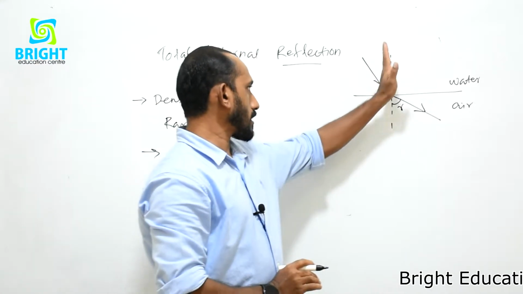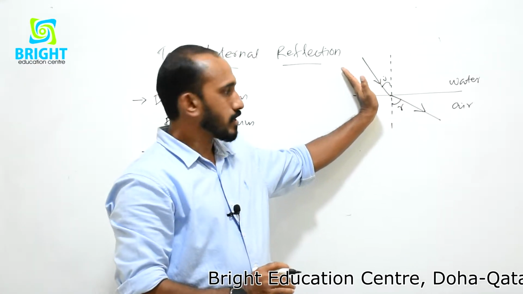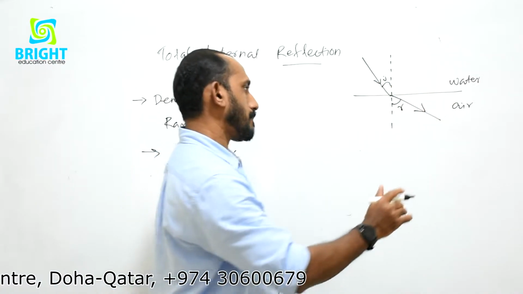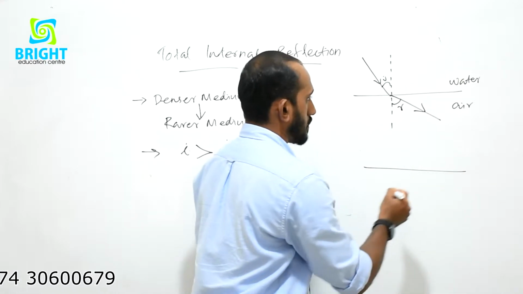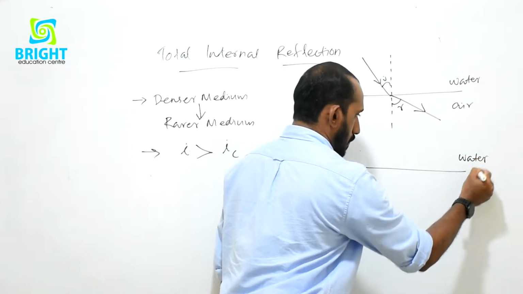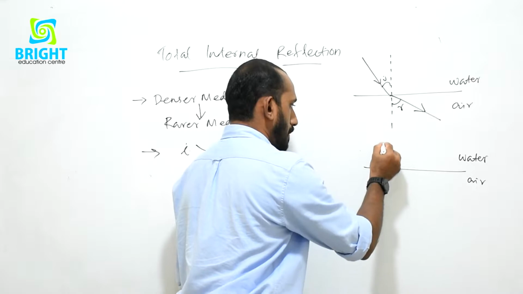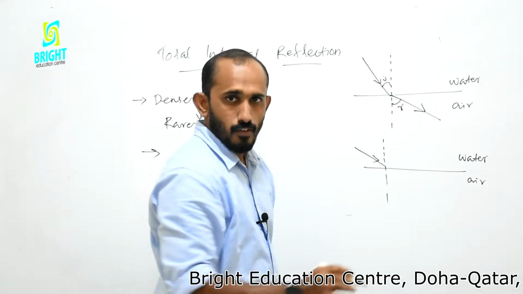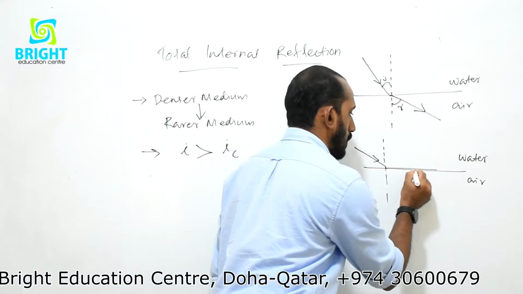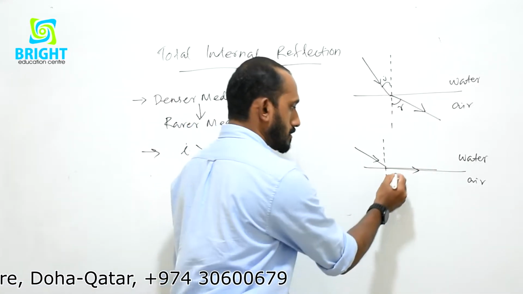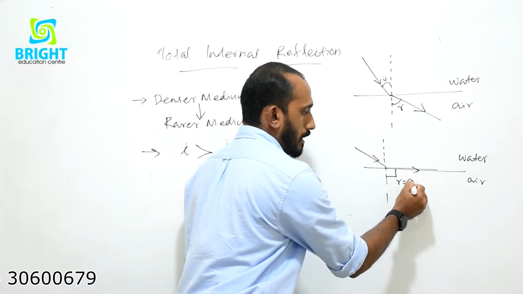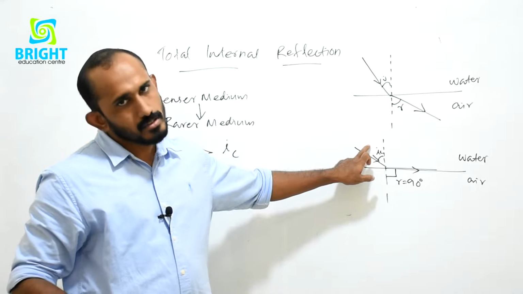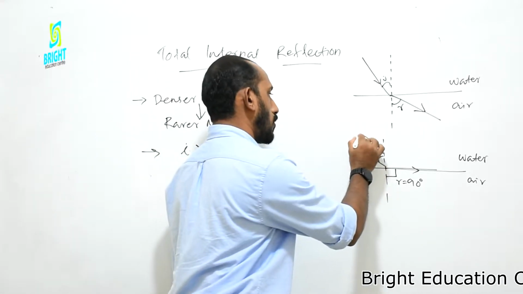And if you increase the angle of incidence further, you can see it will bend more away from the normal. And at a particular angle, this incident ray will refract along the surface of separation. That is, the angle becomes 90 degrees. Then this angle is called the critical angle of the medium.